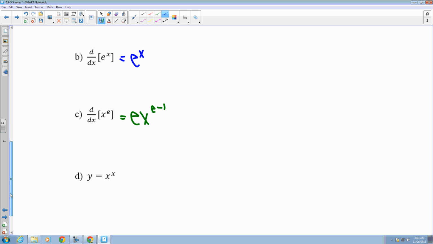And on D, we would have to do logarithmic differentiation here. Take the natural log of both sides, which would get our ln of x to the x as x ln x.